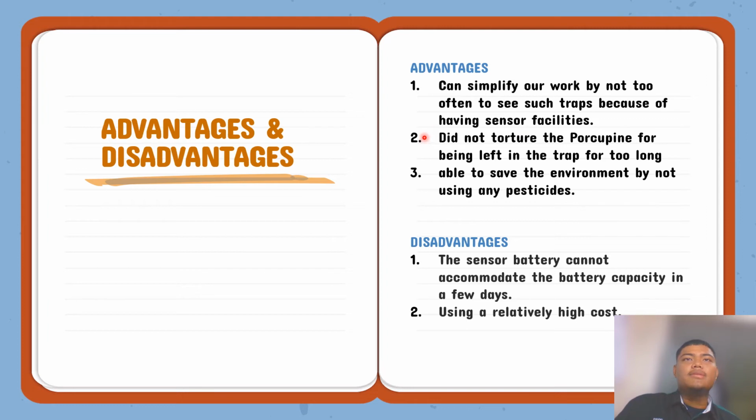Secondly, it does not torture the porcupine by leaving it in the trap for too long. Lastly, it is able to save the environment by not using any pesticide. And then the disadvantages are that the sensor battery cannot last more than a few days, and lastly, it has a relatively high cost.